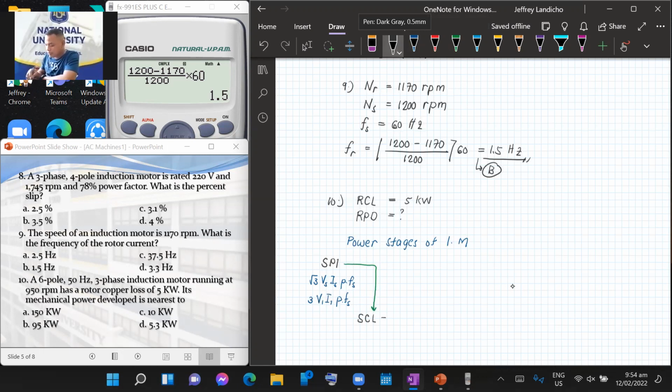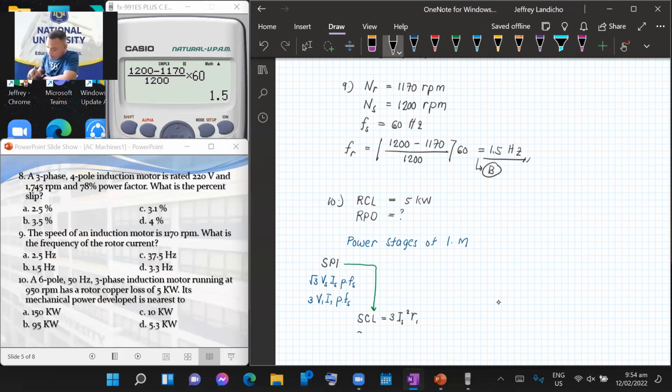Ano si SCL? Stands for stator copper losses. Kung naka-per phase tayo, that is I1 squared multiplied kanino R1. So R1 is per phase resistance at the stator. Kung ito-total natin yan, times 3. Kung single phase, tanggalin mo yung 3. Yun ang tatanggalin natin.